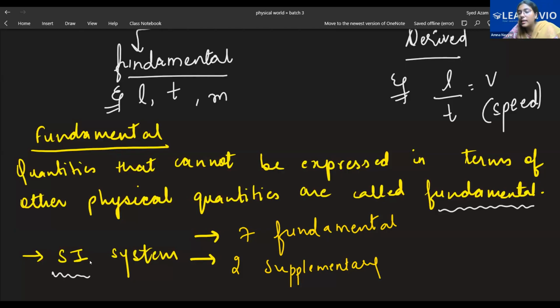So whose answer should be accepted? There are numerous units: micrometer, nanometer, picometer, femtometer, megameter, kilometer. There are so many units, so there has to be a standard system which is accepted by all, and you have to give your answers in that.